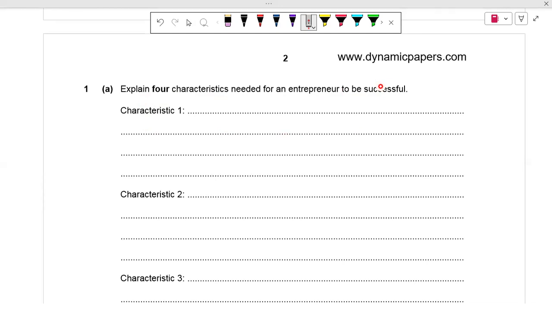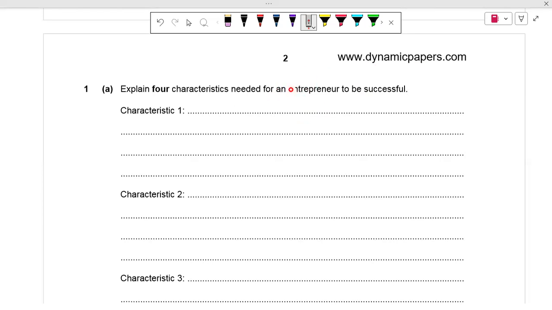So we can say self-confidence, creativity, independence, hard work, dedication, risk-taking, being innovative, good at networking, results-driven, or strong leadership qualities, experience and knowledge, and multi-skills. So there are a lot of characteristics which are very important if any entrepreneur wants to be successful.